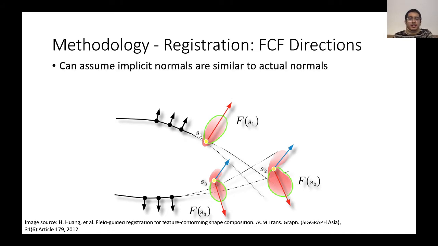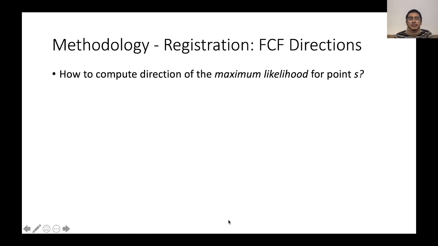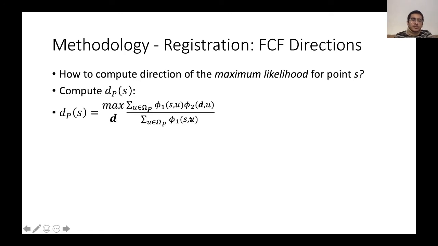And then in terms of assumptions, you can assume that the best matching direction is similar to the direction of the surface normals. For example, as you can see, these three normals are similar to this red one compared to this blue one. So that means the red one is more likely to be the correct one. So how would you actually compute this maximum likelihood? You would compute d subscript p of s, which is this function.